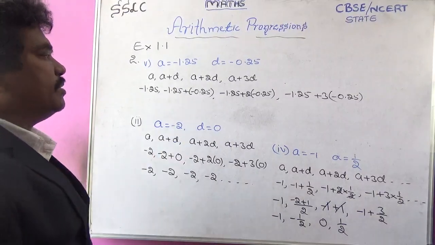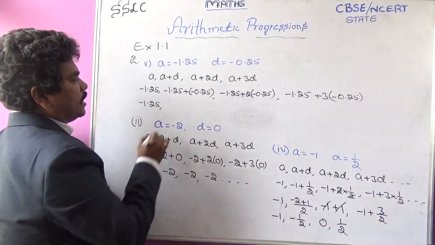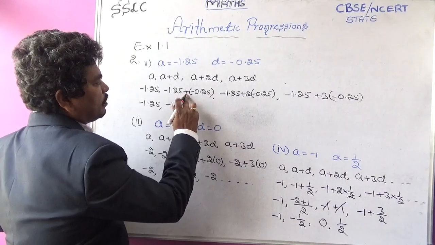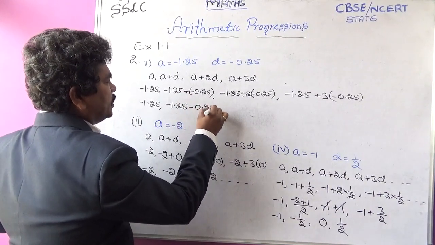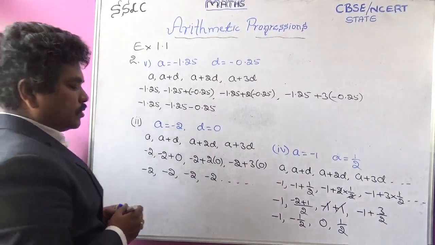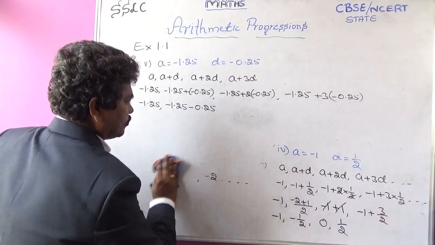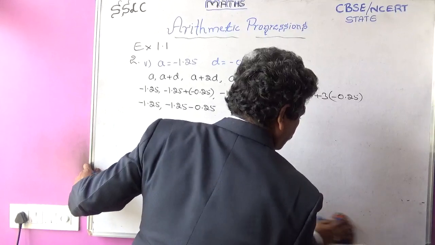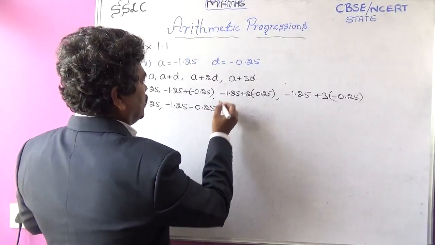So now we have to simplify this one. Minus 1.25 write as it is, and here minus 1.25 write as it is, and then you have to multiply the symbols here. Plus into minus, minus 0.25. So now we have to simplify this one.